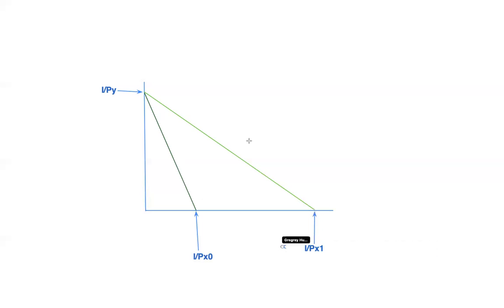Okay. And let me try to do a good job here. I'm going to do the consumer's initial indifference curve.